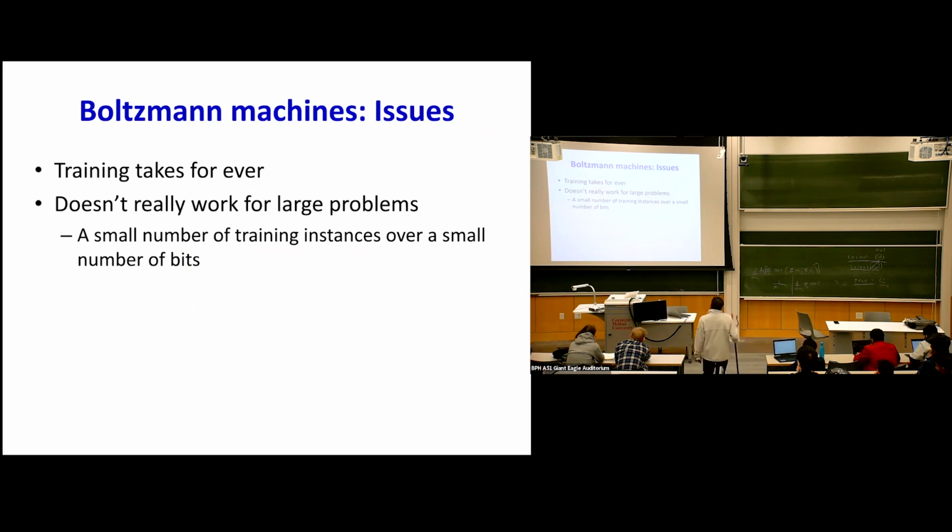So the issue is, this is where a lot of the work on neural networks began in the 80s. And you can find a lot of nice papers on this topic by Hinton, in fact, done here at CMU. The problem is it takes forever, right? It's a stochastic network. Every time I give you something, there's a whole lot of simulation. You're taking a machine, letting it run for a long time, taking a snapshot, then letting it run again for a long time, taking a snapshot.